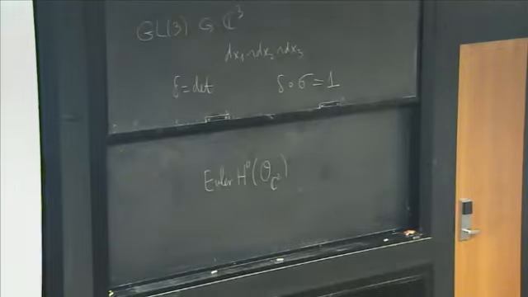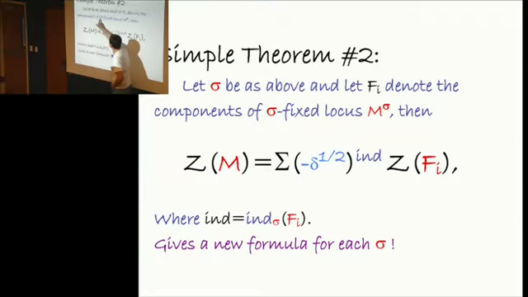Then the fixed loci also have a self-dual virtual tangent space, and so this is defined for the fixed loci. And the index of the whole thing is the sum of the contributions of the fixed loci times this factor raised to the power of the index.